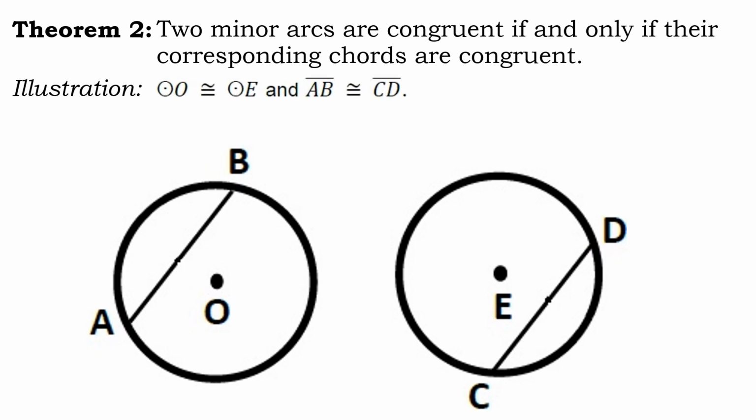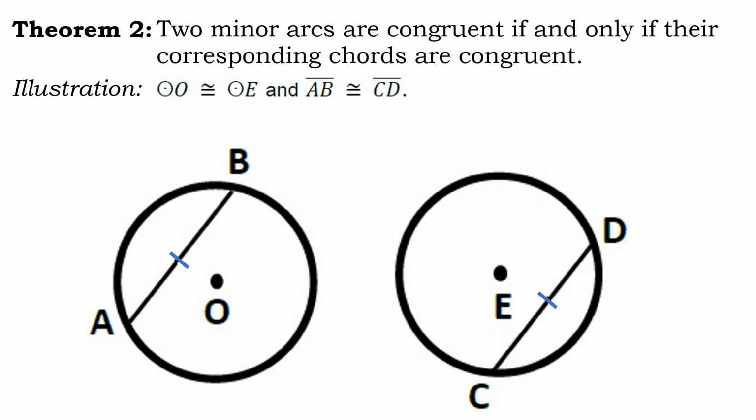From the given, circle O is congruent to circle E, and line segment AB is congruent to line segment CD. So, yung mark na blue doon, yun yung mark na yung dalawang segment ay congruent. Line segment AB is a chord of circle O, and line segment CD is a chord of circle E.